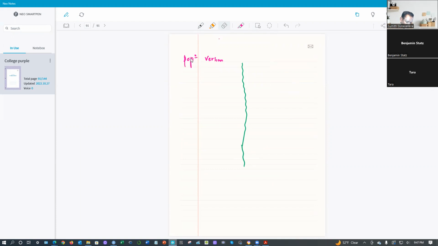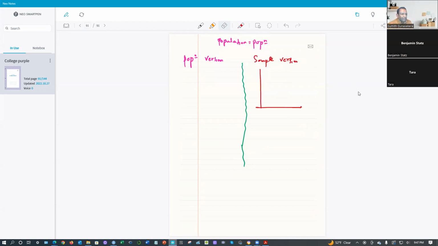I'm going to write population with this abbreviation, with a superscript n underscore. On the other side, we have the sample version. The sample version is the one we are dealing with right now.